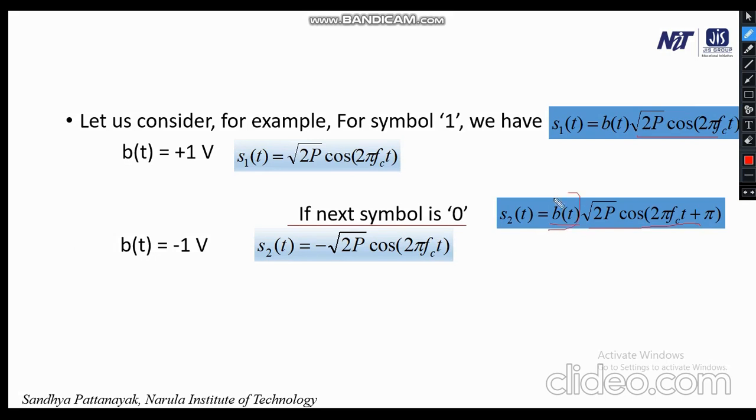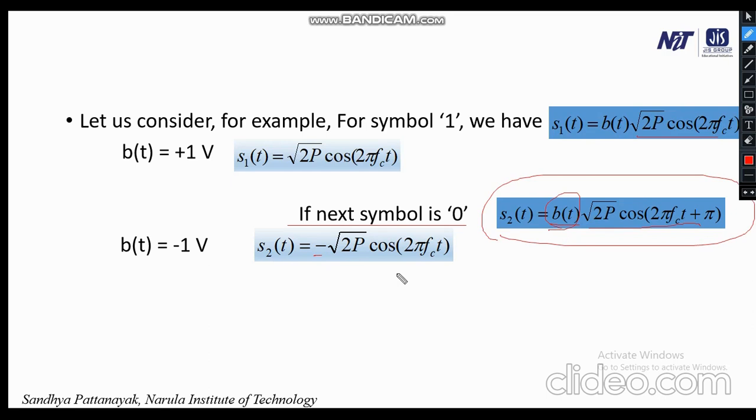Here b(t) is a negative voltage, so we get s2(t) equal to minus root over 2P cos 2 pi fc t. If we write it in terms of phase, we can write the whole expression as s2(t) equal to root over 2P cos (2 pi fc t plus pi). Cos (2 pi fc t plus pi) is equal to minus cos 2 pi fc t.